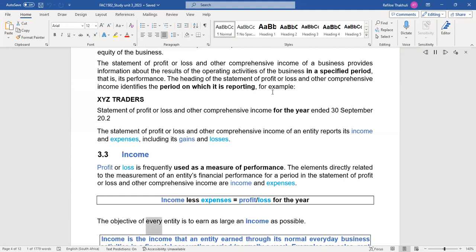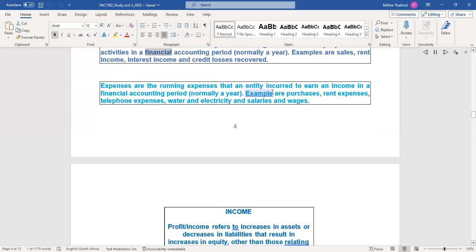The objective of every entity is to earn as large an income as possible. Income is the income that an entity earned through its normal everyday business activities in a financial accounting period, normally a year. Examples are sales, rent income, interest income, and credit losses recovered.